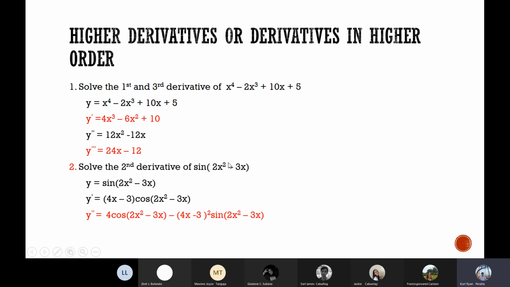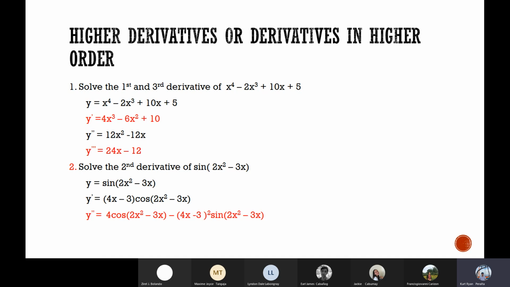In using the chain rule, we take the derivative of 2x squared minus 3x, which is 4x minus 3. Then the derivative of the whole sine is cosine. Then we copy 4x minus 3, then cosine of 2x squared minus 3x.